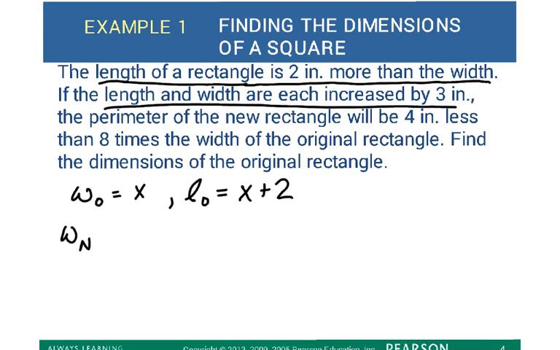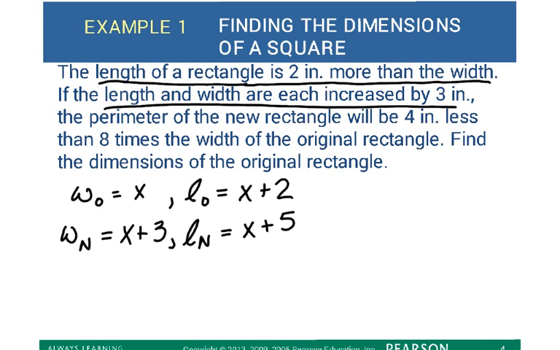Our WN is going to be x plus 3, because it's been increased by 3. And we're going to do the same thing to our length. So our new length is going to be x plus 2 plus 3. So x plus 5.